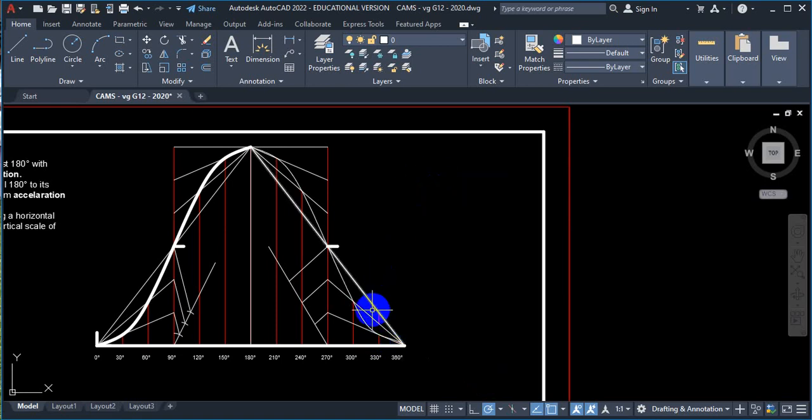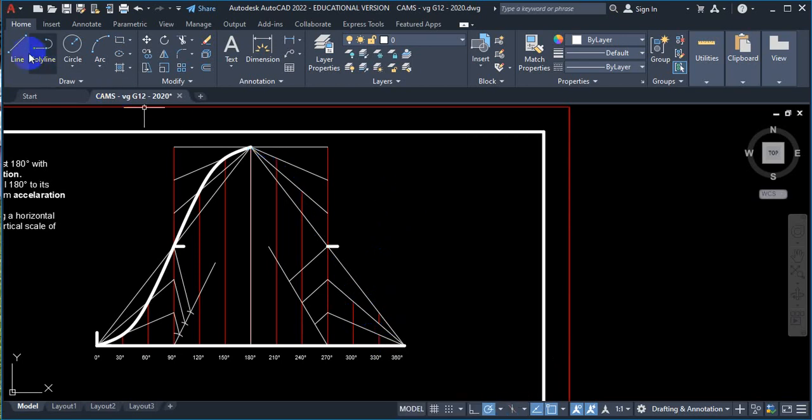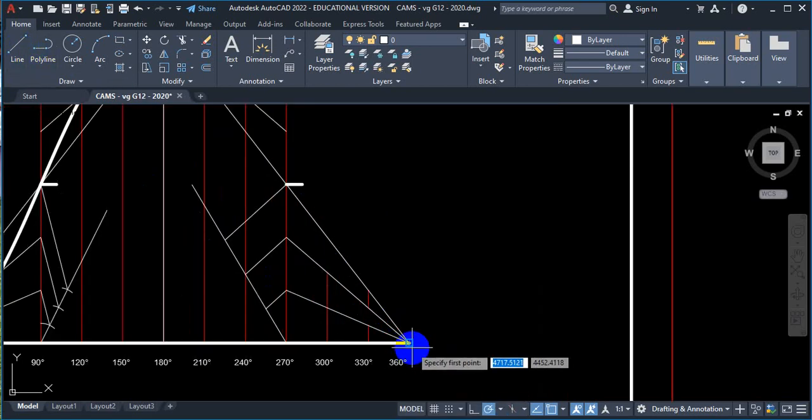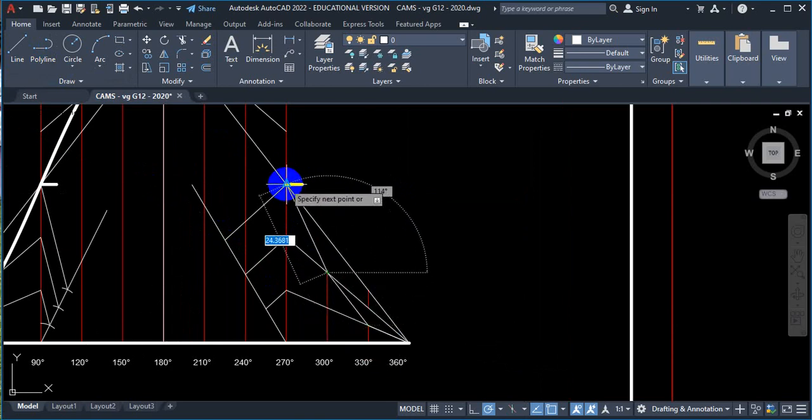So that's how you join them. Perhaps this is not properly done. So when joining these freehand, you've got to make sure that the curves are neat. I think we're making a mistake here.